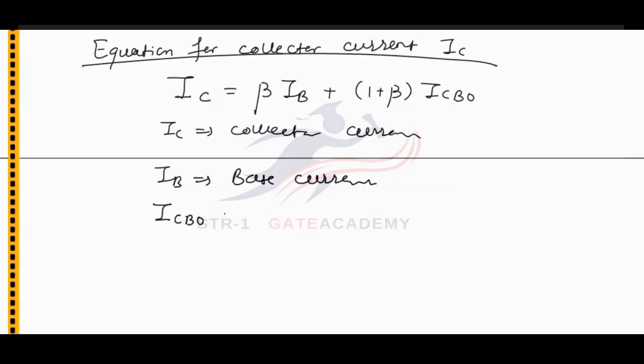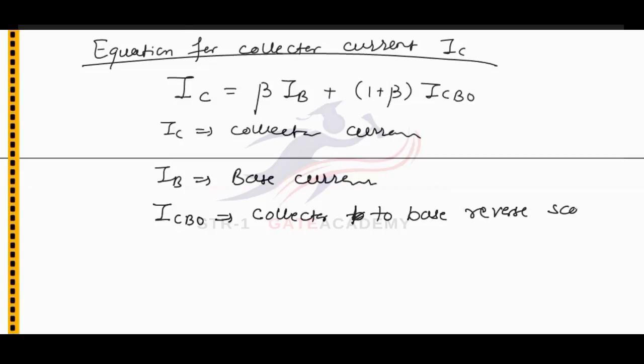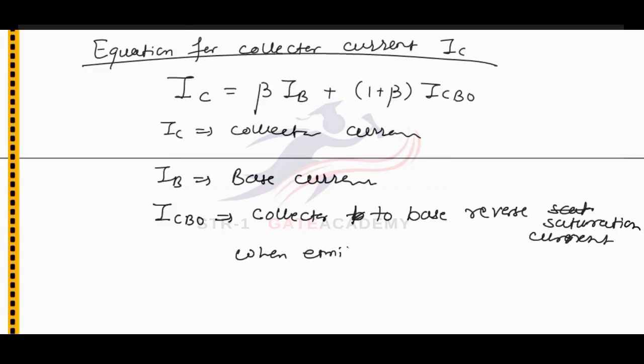ICBO is called collector to base reverse saturation current when emitter is open.